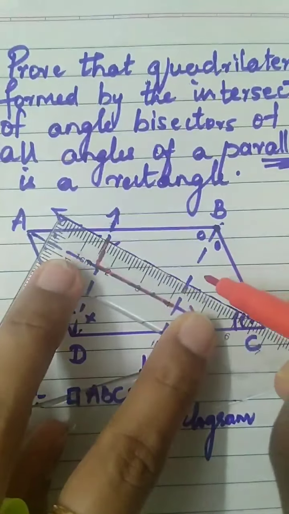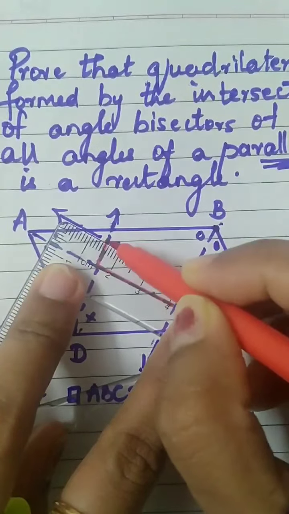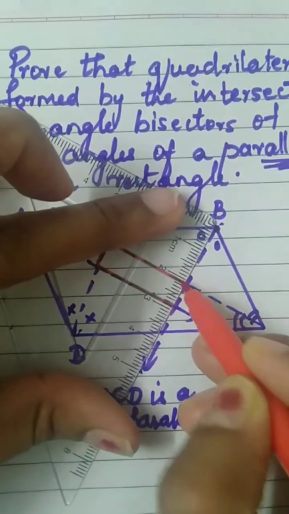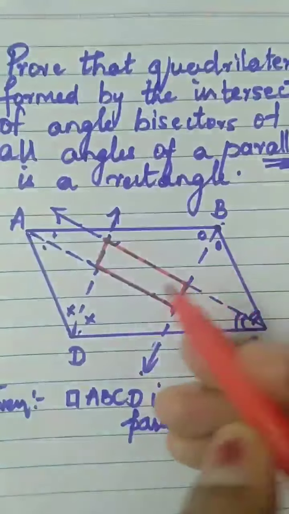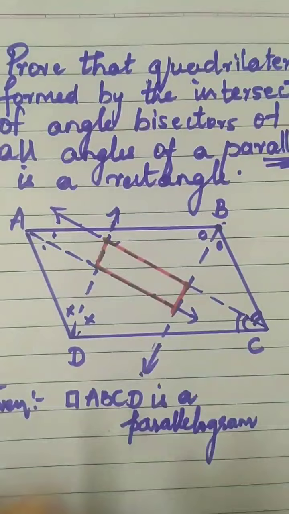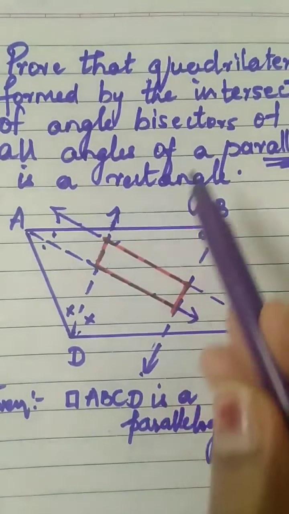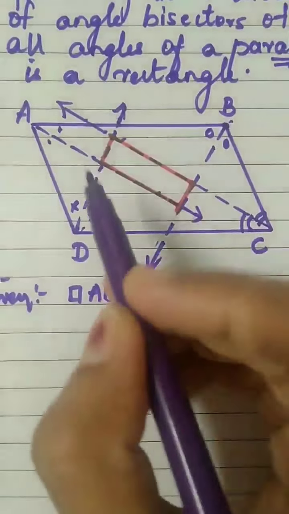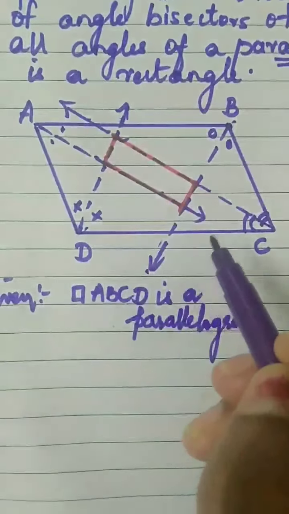Now we have to prove that this orange colored quadrilateral, which is formed by the intersection of angle bisectors of the parallelogram, is a rectangle. Okay. So in the given part we will write. Now we have to name all these angle bisectors, no?